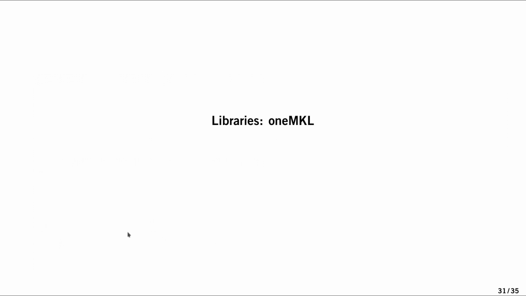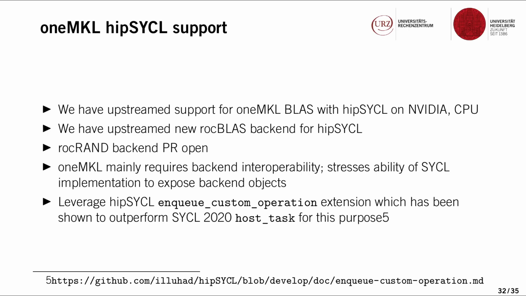Let's now look at libraries at the example of oneMKL. We have upstreamed support for oneMKL using hipSYCL with NVIDIA GPUs and CPUs. We've also upstreamed a new rocBLAS backend for hipSYCL to oneMKL. And we've also an open pull request for a rocRAND backend for the RNG domain of oneMKL. oneMKL mainly requires backend interoperability, so it effectively tries to call optimized backend libraries such as cuBLAS or rocBLAS.